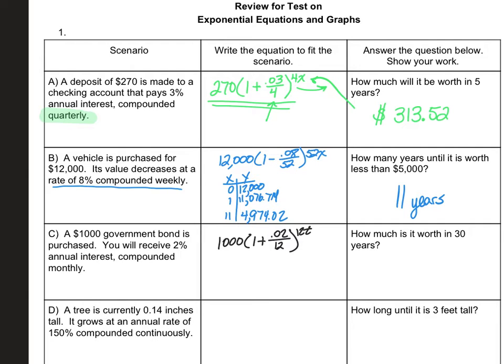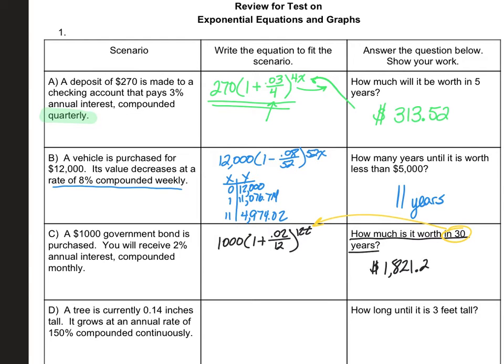And this one asks how much is it worth after 30 years? So all we need to do in this case is to take the 30 years and substitute it in for the t, the time. And when we plug that in, we get the number 1,821.21.